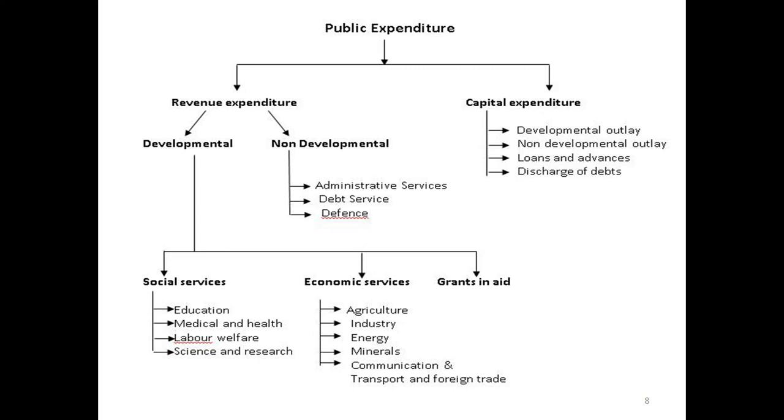In industry, the government removes taxes to help industry be established, and also energy. The government of Rwanda tries to put electricity everywhere for everyone. They provide solar energy for citizens who don't have the capacity to buy electricity. So that's why we say revenue expenditure is divided into developmental and non-developmental.